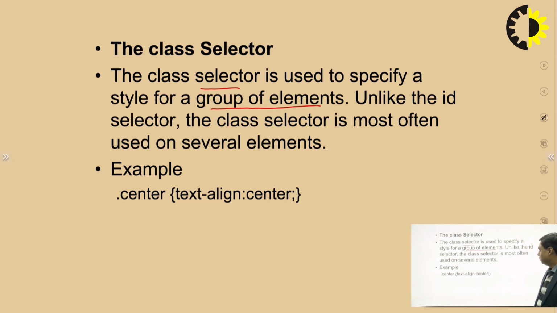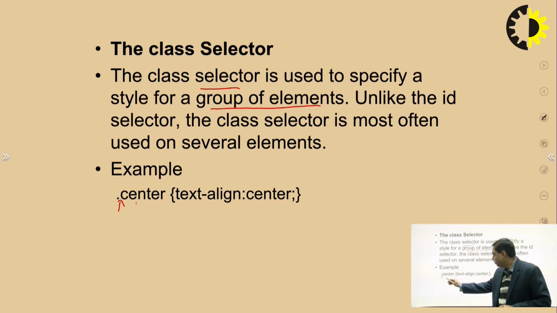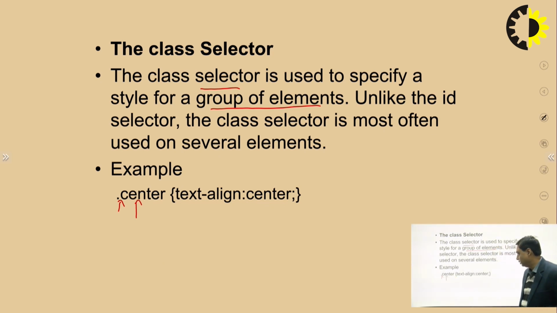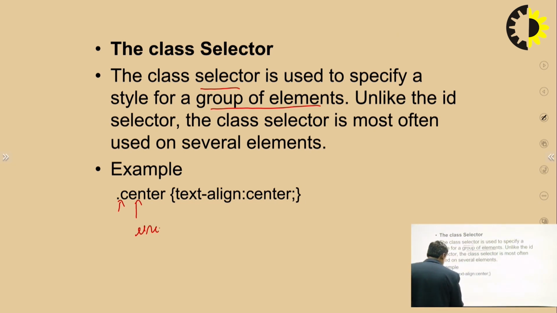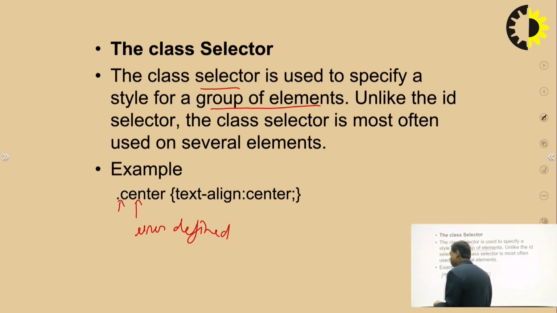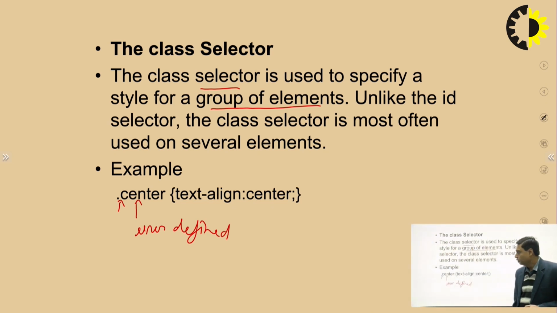To define the class selector, we are using the dot symbol. See the difference. For ID, we are using the hash symbol, and for the class, we are using the dot symbol. Then the name of the class is also user defined. This center is user defined. You can give any name. So the name of this class is center.